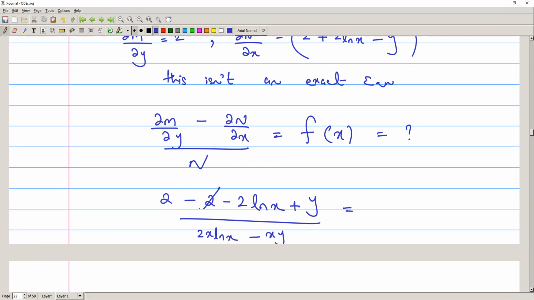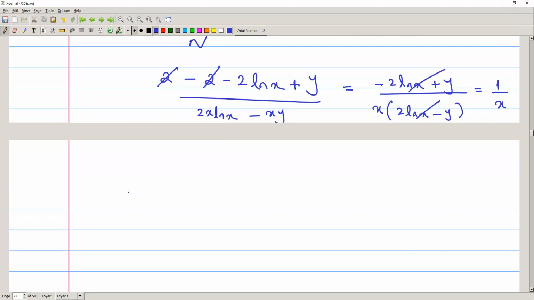Now this is equal to: 2 cancels, negative 2 ln x, positive y, divided by x is common, so we can take it outside. We are left with 2 ln x minus y, right? This is the same as the numerator, so we can cancel and we will be left with 1 over x. So this function is a function of x only, that is 1 over x.